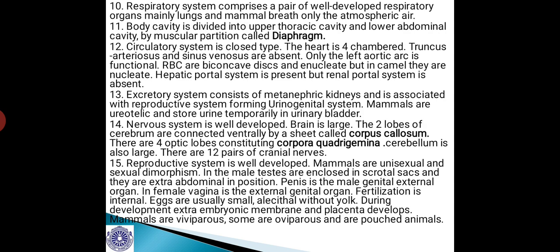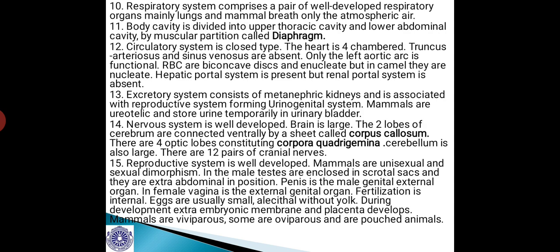So this is again a striking feature present in mammals. And the penis is the male genital external organ, and in female the vagina is the external genital organ, and fertilization is internal. Eggs are usually small, alecithal, without yolk.